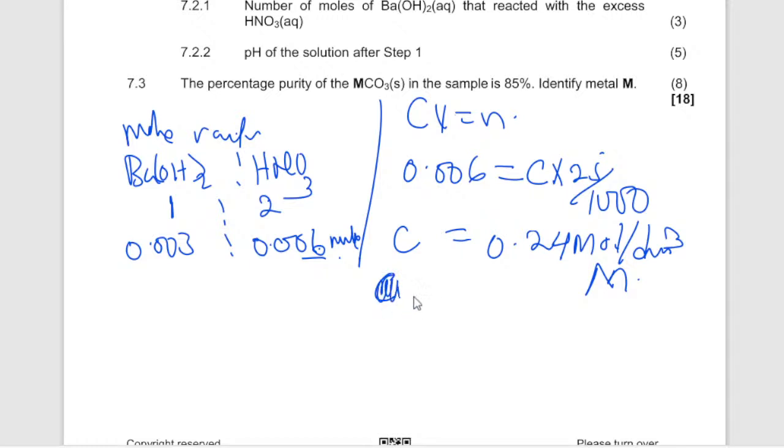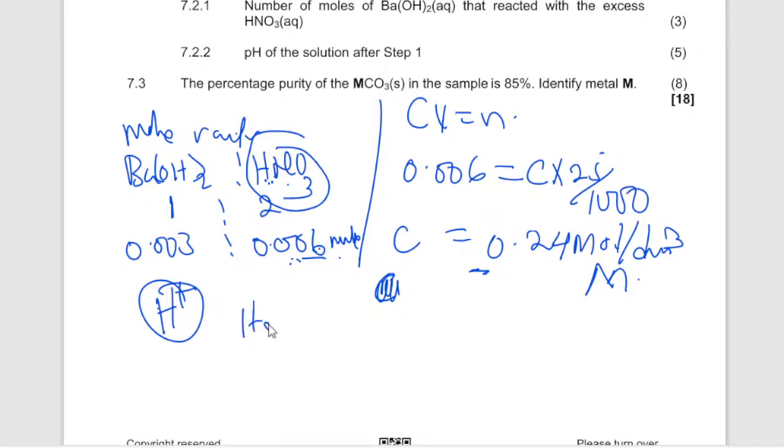Now you need to take note of this before you go for this concentration. If this nitric acid was a diprotic acid, I would have multiplied the number of moles by 2. But because it is a monoprotic acid, one hydrogen per molecule, the moles of nitric acid will be equal to the number of hydrogen ions being produced.